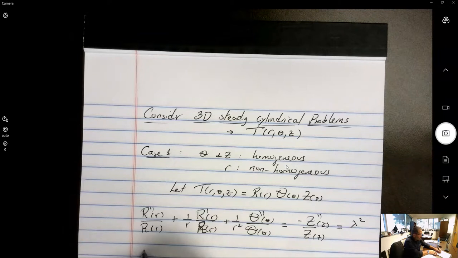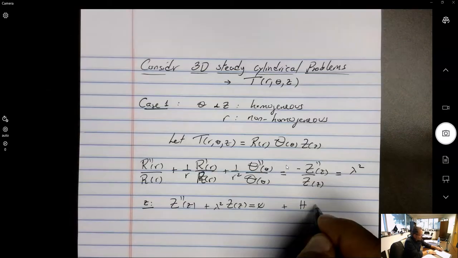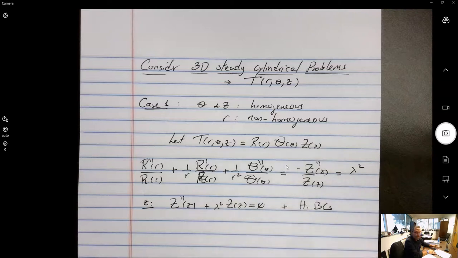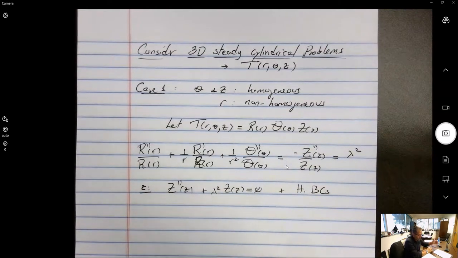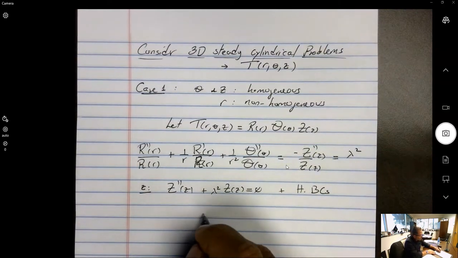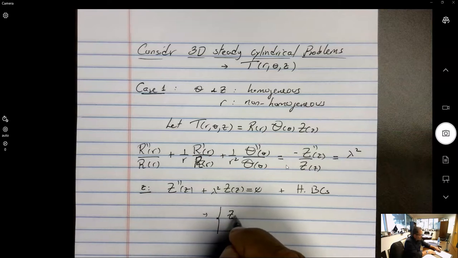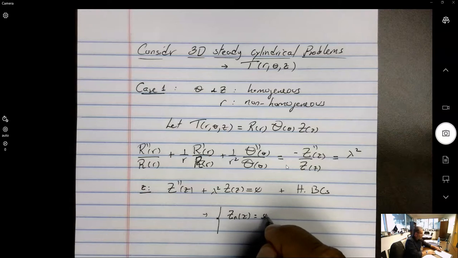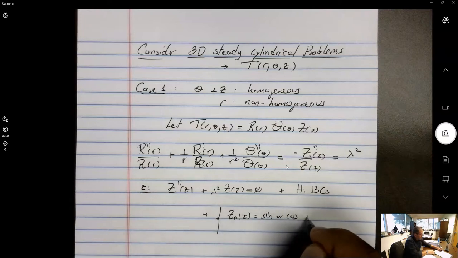In the z direction, you have Z double prime of z plus lambda squared Z equals 0, plus some homogeneous boundary conditions, first, second, or third kind, on the top and on the bottom. And then we'll basically have Z_n of z will be sine or cosine eigenfunctions.